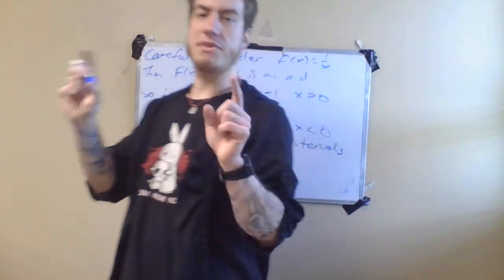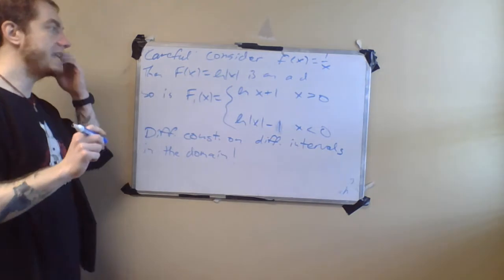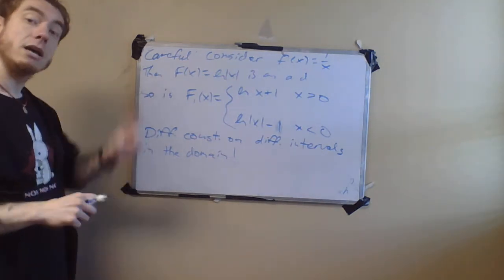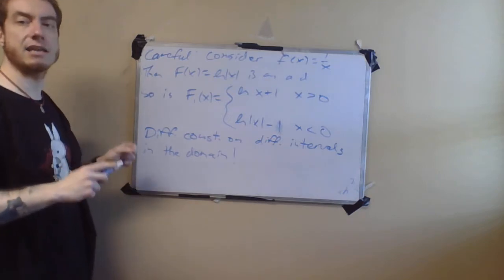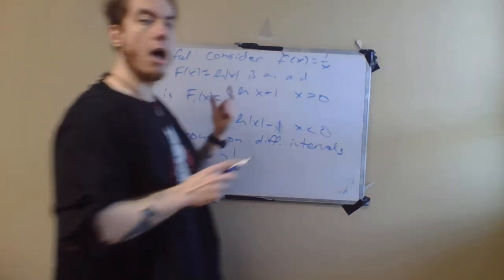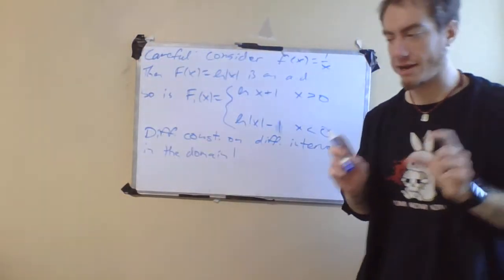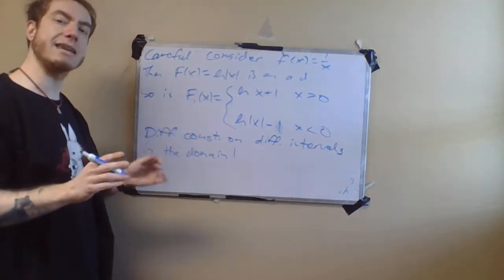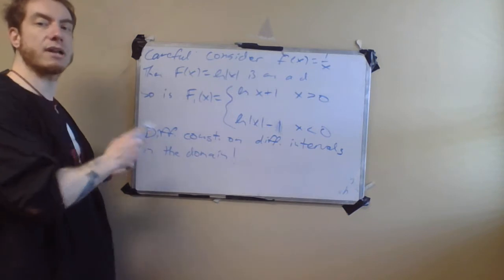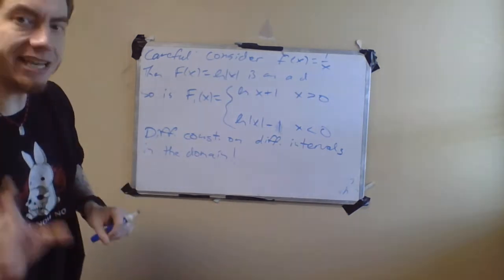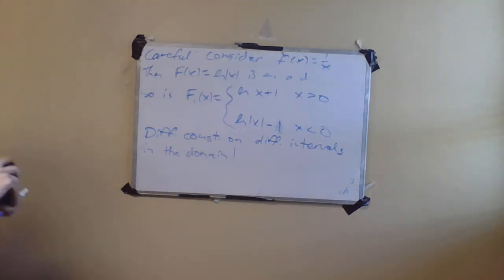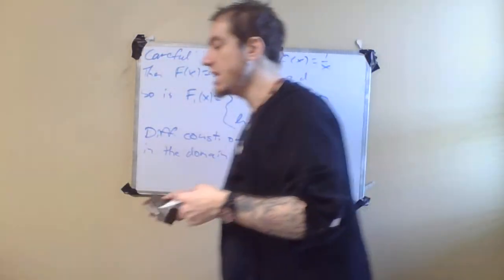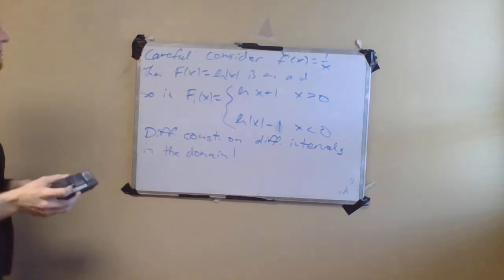So if I have this function and it is a derivative of some other function, then the only choices that I can make essentially are on each interval that comprises one connected piece of the domain, I can choose a different constant. But on each one of those intervals, the constant has to be an actual constant. It can't be different numbers at different points.